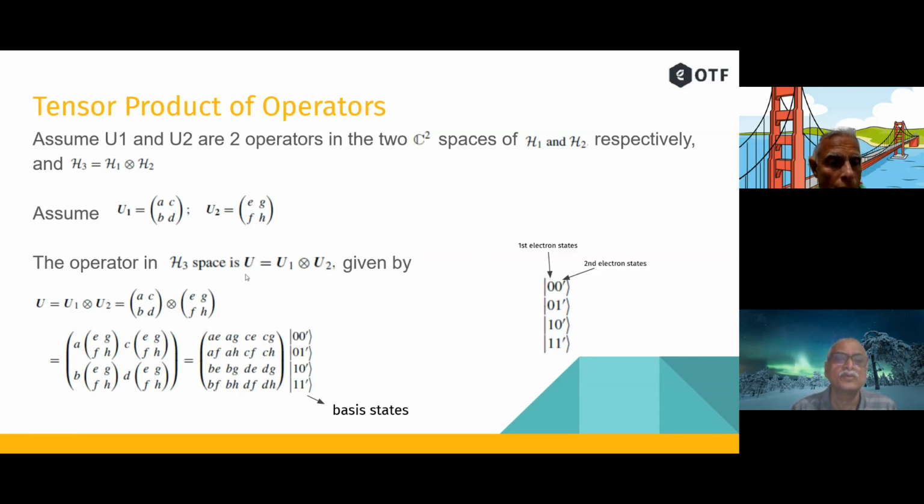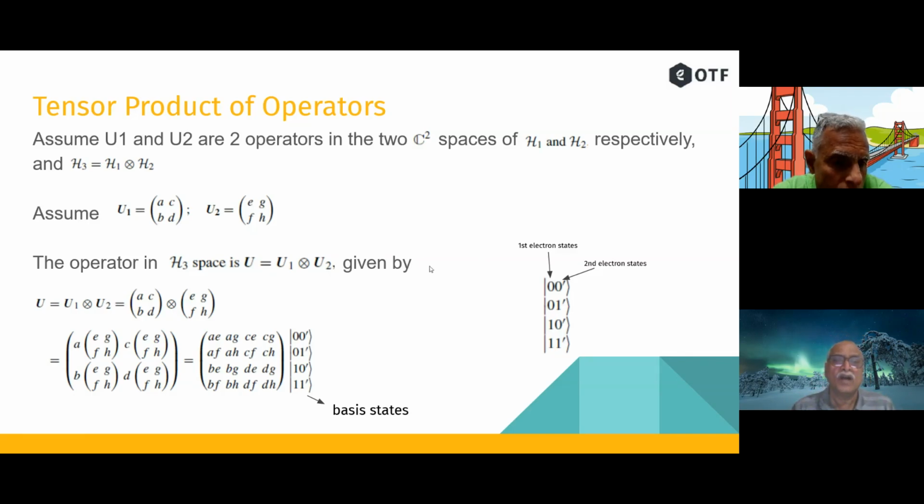You can also call it u3. I will say u is nothing but u1 tensor product with u2. Which means, if I've got two operators in two different spaces, the tensor product of these two operators gives me an operator in the Hilbert space h3, which is the tensor product of both these spaces. Remember, these two spaces are defined by their basis states.